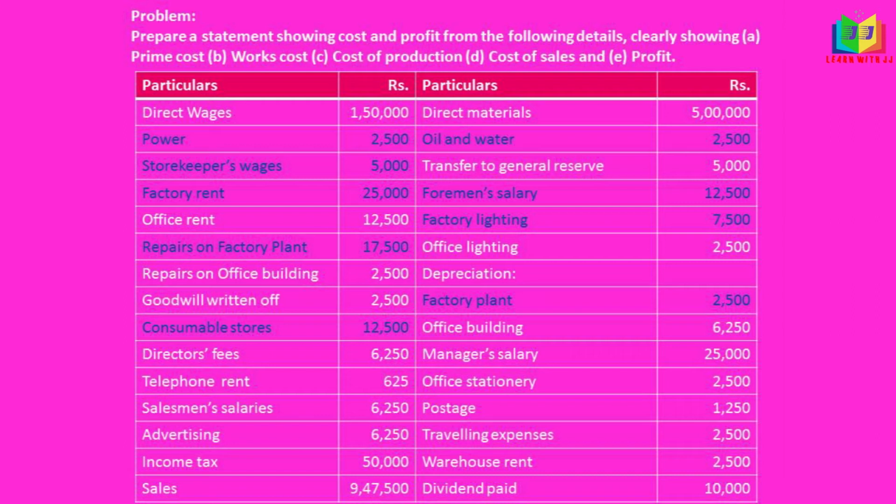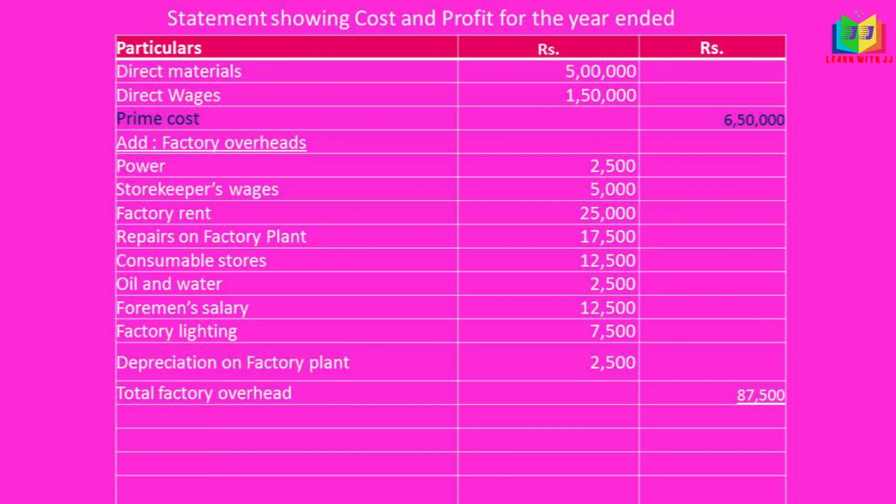Depreciation on factory plant will come under this. Office building won't come. Manager salary, office stationery, postage, traveling expenses, warehouse rent, and dividend paid, all this won't come there. So we'll write the factory overheads under the factory cost.